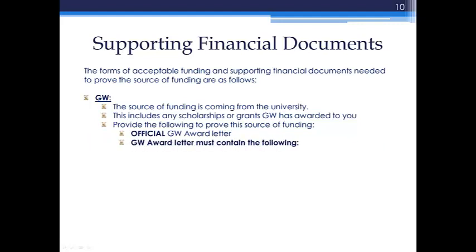This award letter must be on official GW letterhead. It must state the exact amounts that are to be given to you and the duration of the award. Other is also a type of funding that indicates any other types of funding that you may have.